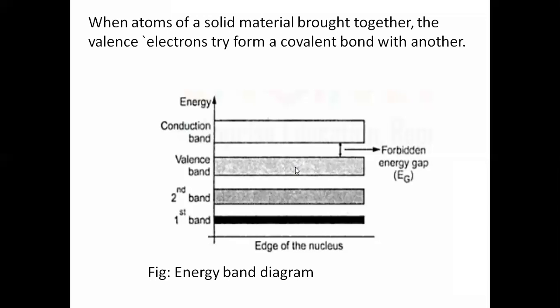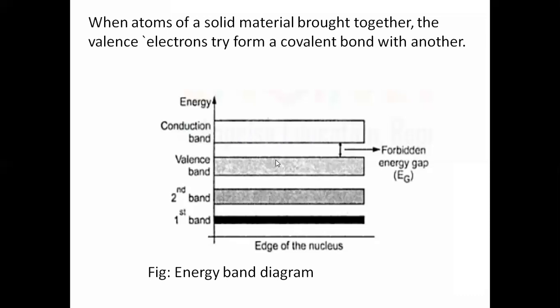When we apply some thermal energy or light energy, the electrons in the valence band are excited and moved to the higher band, which is the conduction band. Once the electrons reach this conduction band, they are free from the force of the nucleus.